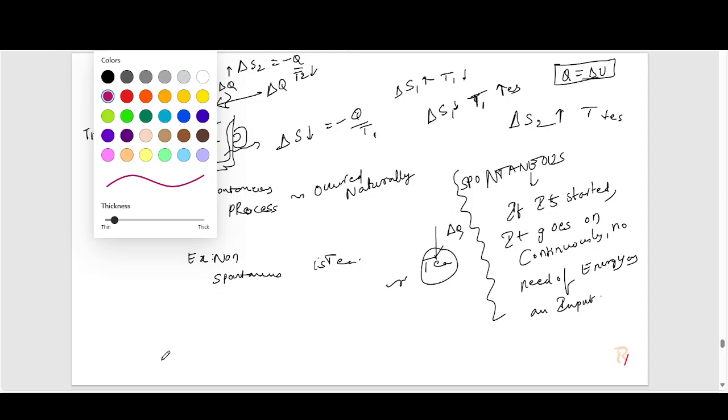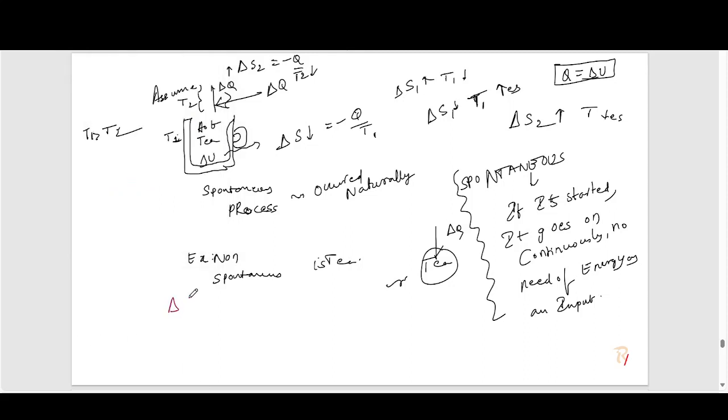From this, del S1 plus del S2 gives us minus Q upon T1 plus Q upon T2. Here temperature decreases, therefore we will get a positive sign here.